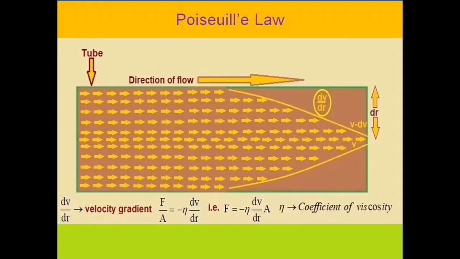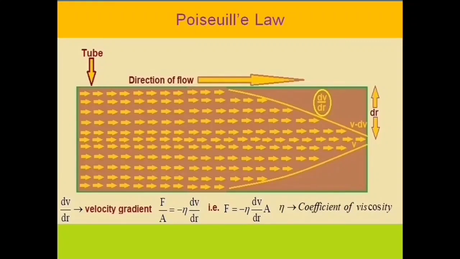When fluid flows, there is a certain stress, that is, force per unit area, equal to the coefficient of viscosity times the velocity gradient, and that force acts in the direction opposite to the direction of flow of the liquid.